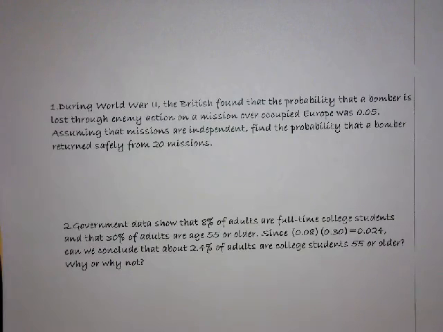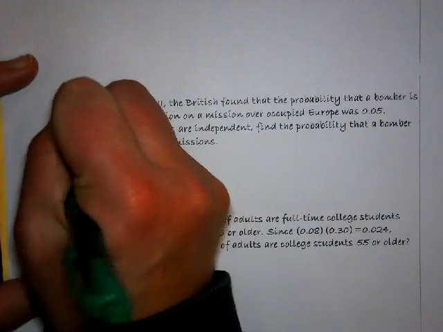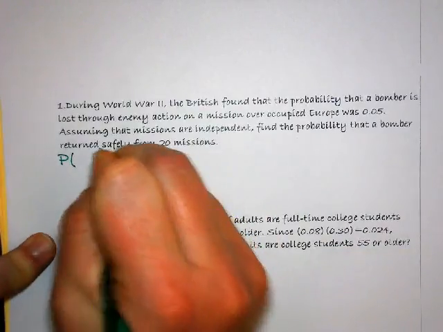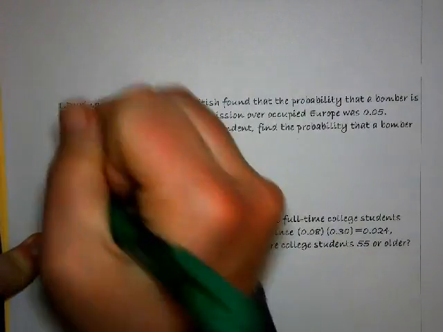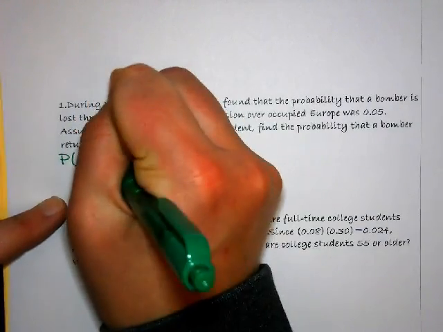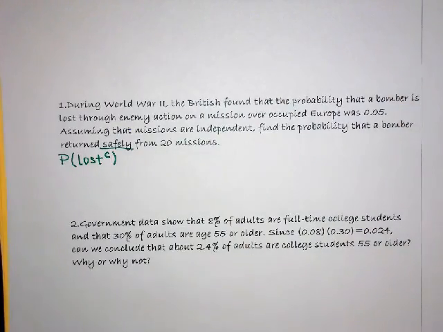So on this one, first of all, the probability that they return safely would be the probability of lost complement. So lost and safe are complements in this case. They could get lost or they could return safely.